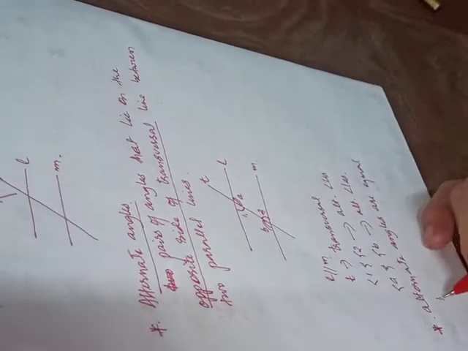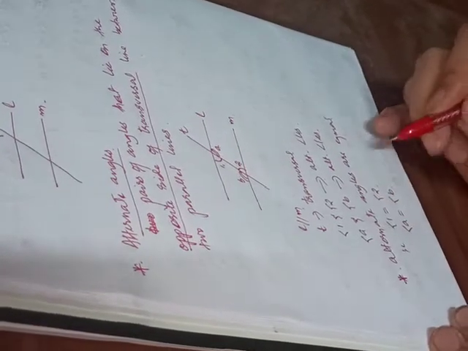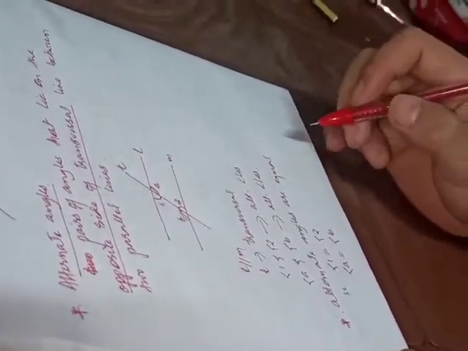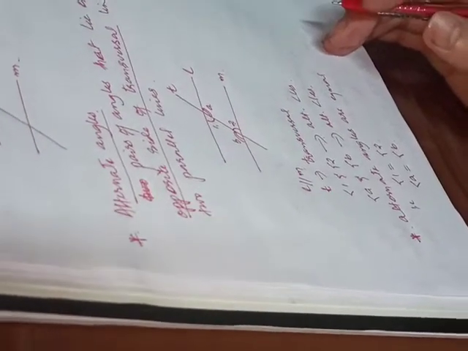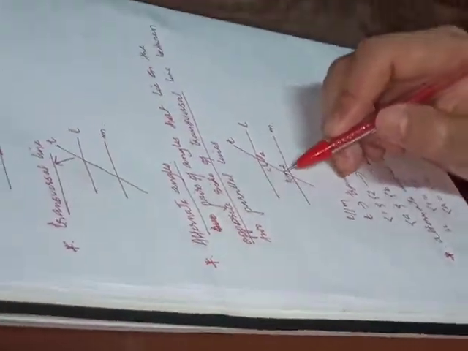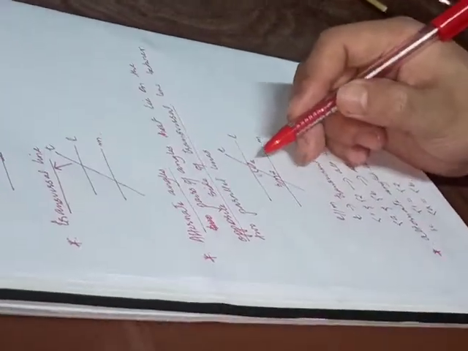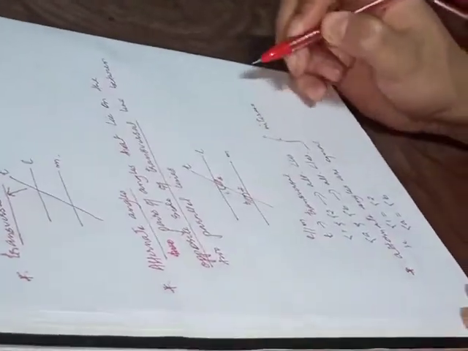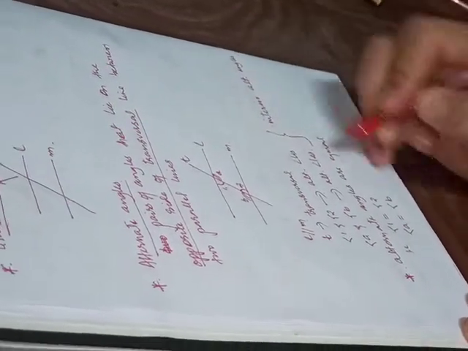That is, angle 1 will be equal to angle 2, and angle A will be equal to angle B. Now, angle 1, angle 2, angle A and angle B are all between the parallel lines, inside the parallel lines, so they are known as interior alternate angles.